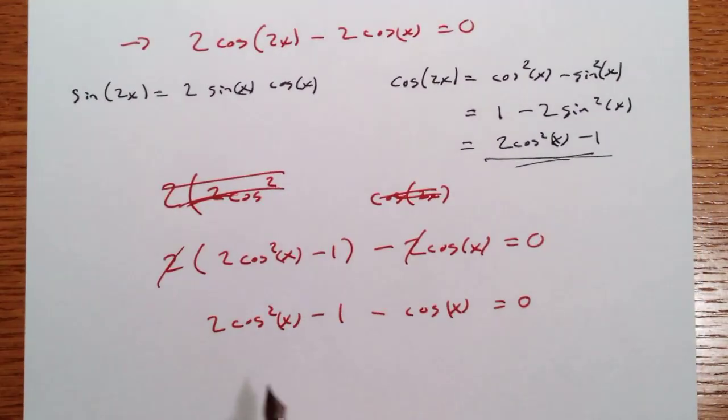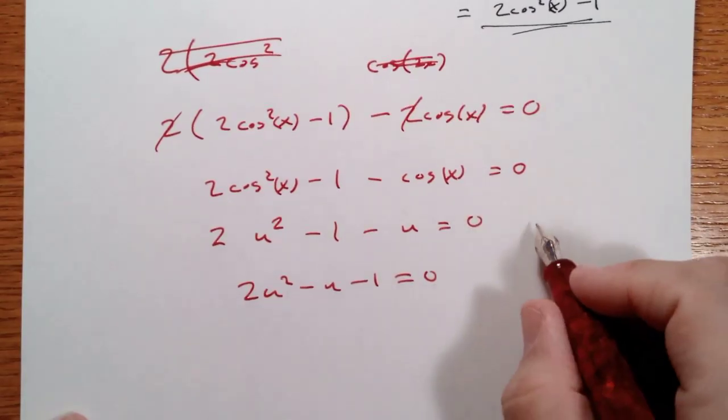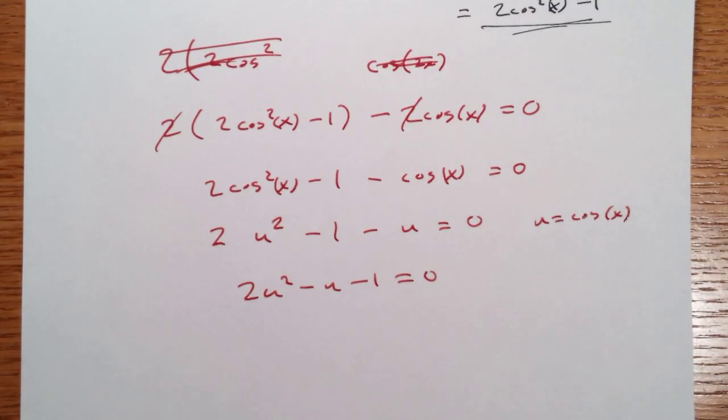Oh, that's a quadratic. 2 ugly squared minus 1 minus ugly. That's 2u squared minus u minus 1. I can do that like a quadratic. Here I'm letting u equal cosine of x. Remember that, we'll need it in a minute. This factors.